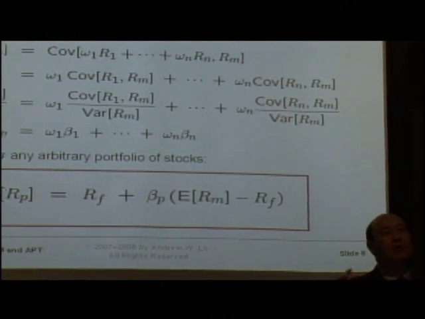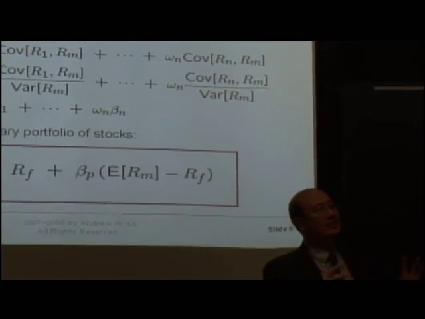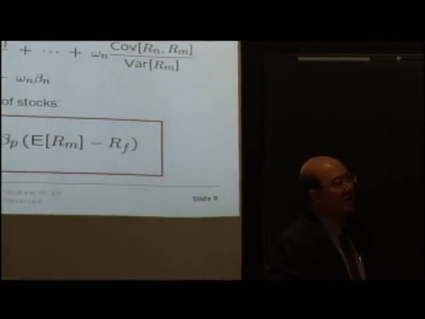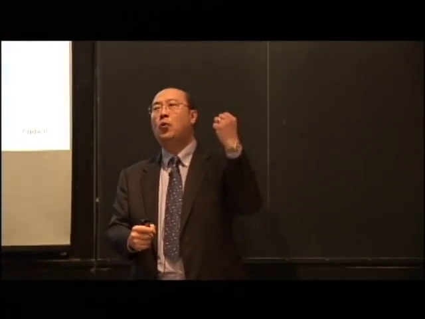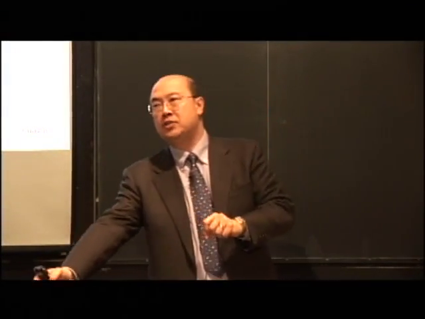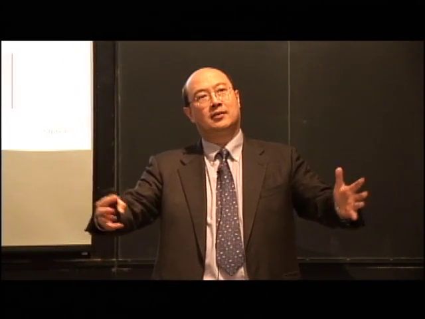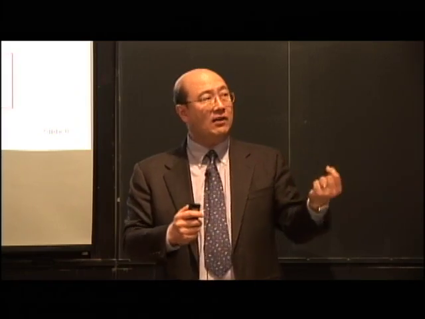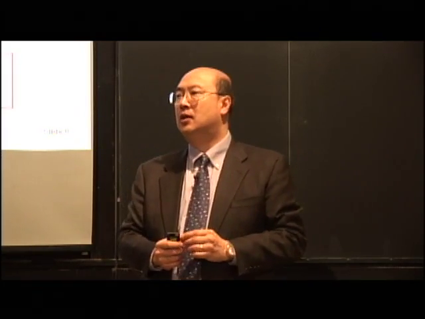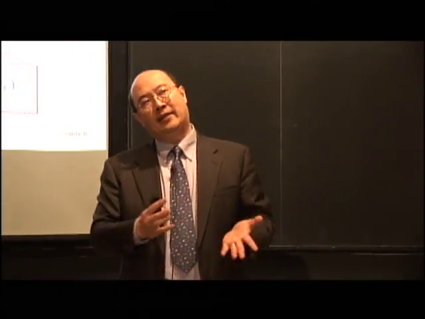Do you see the power of this? This now allows you to analyze the expected return on anything, any collection of assets. If you know what the betas are for the individual components, you know what the betas are for the whole thing, right? So now you can calculate the appropriate rate of return for virtually anything.